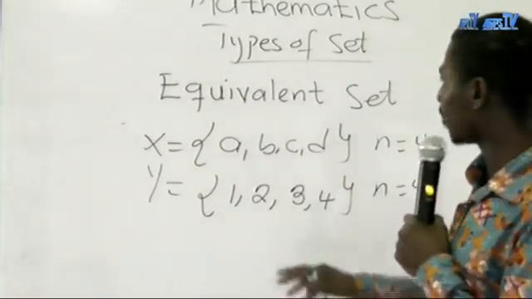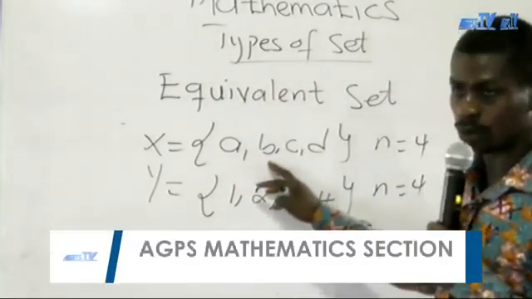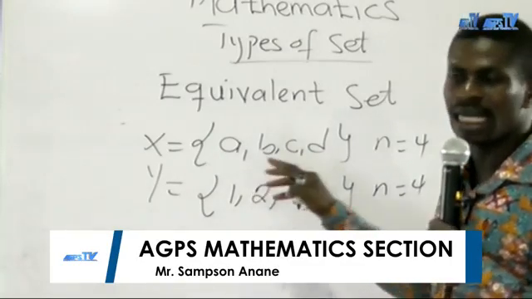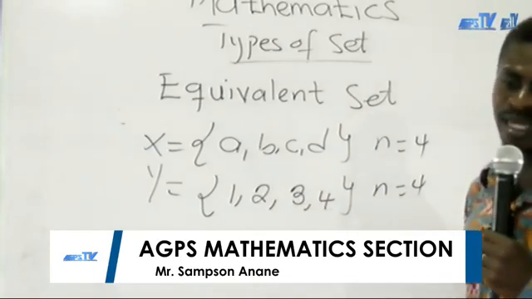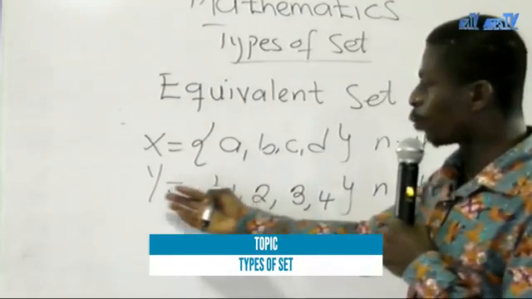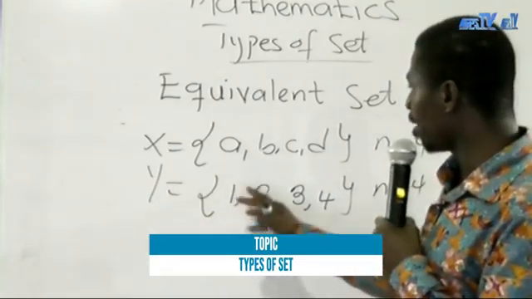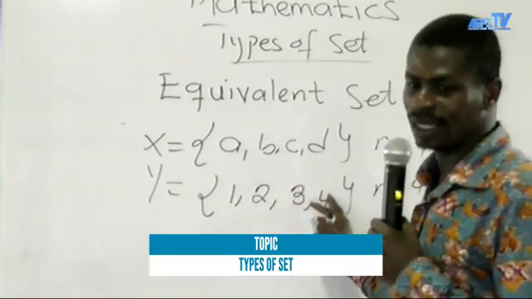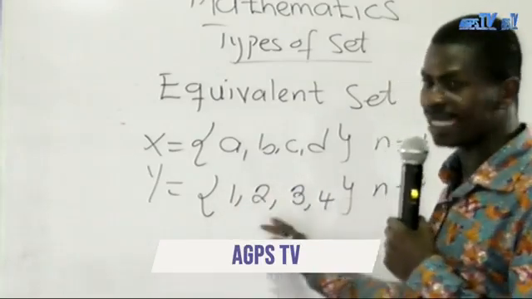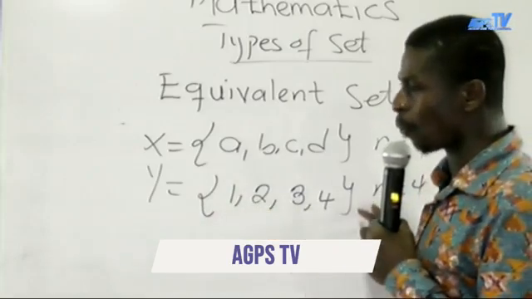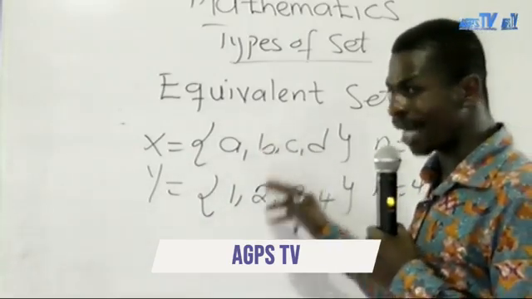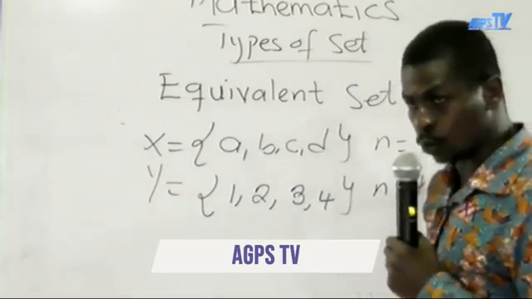But the question I'm asking, are the members equal? The answer you probably give me is no. For the members to be equal, set Y should also be A, B, C, and D. But because it is not A, B, C, and D, and it is just 1, 2, 3, and 4, we say that the members are not equal. But the number of members are equal.